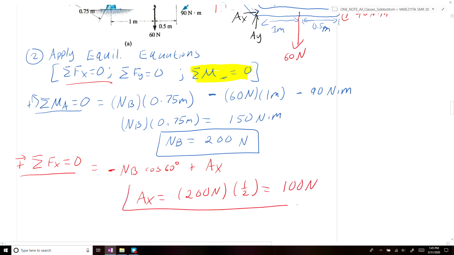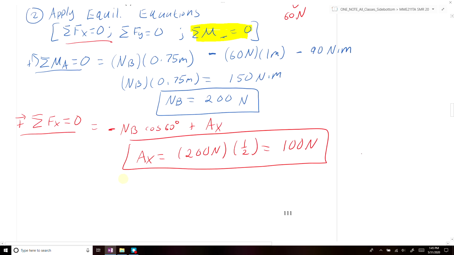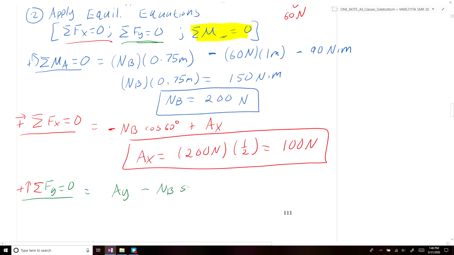Then we can sum the forces in the y direction last. If we do that, we end up with Ay minus NB sine of 60 degrees minus 60 newtons, which was the applied force.